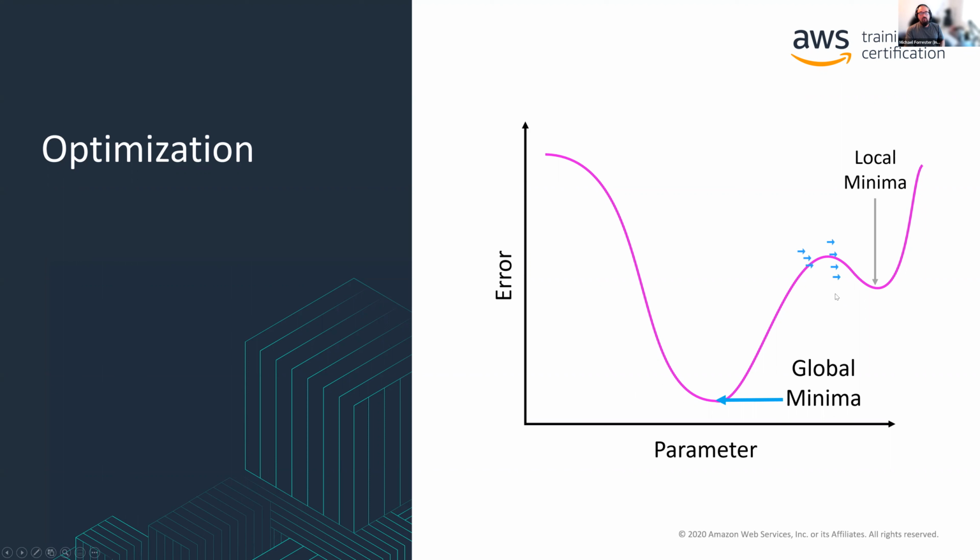You're like, whoa, I was at a low, now I'm going to a high. The problem is that you could just be trapped at a local minima. And how do you deal with that? Because what you really want is to be down here at the global minimum, which is the most optimum for that particular data set and that model, given that particular set of weights.